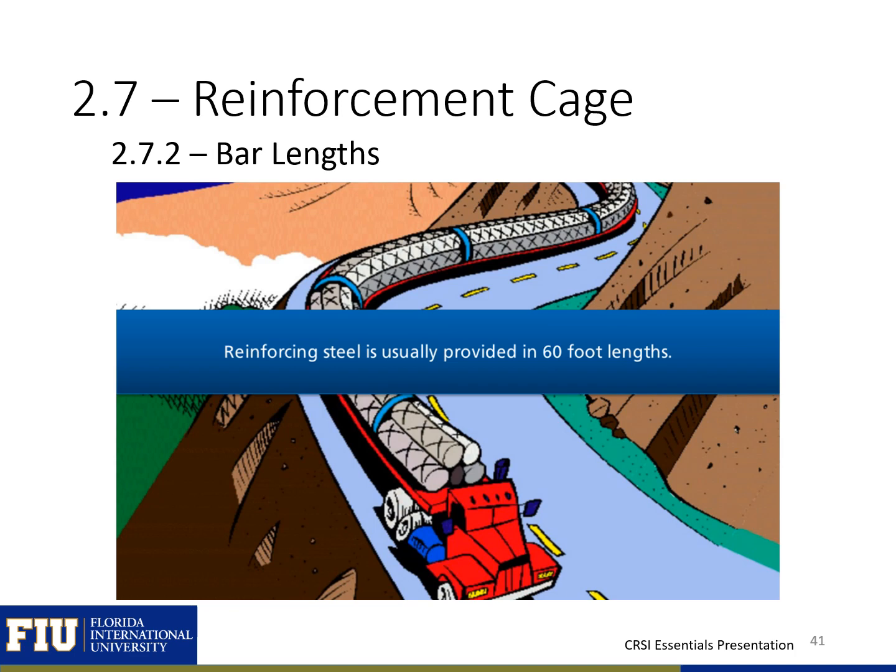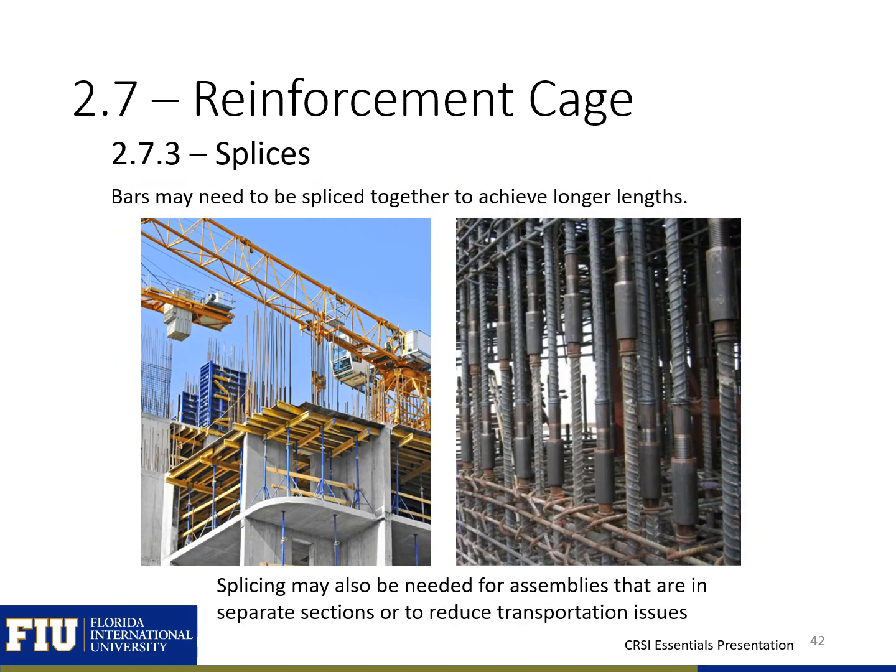Note that reinforcing steel is usually provided in 60-foot lengths due to shipping and handling limitations. Longer lengths are usually required for projects, so we'll need to splice the bars together in our actual reinforcing cage. It is common for reinforcing bars to be spliced together to achieve longer lengths.